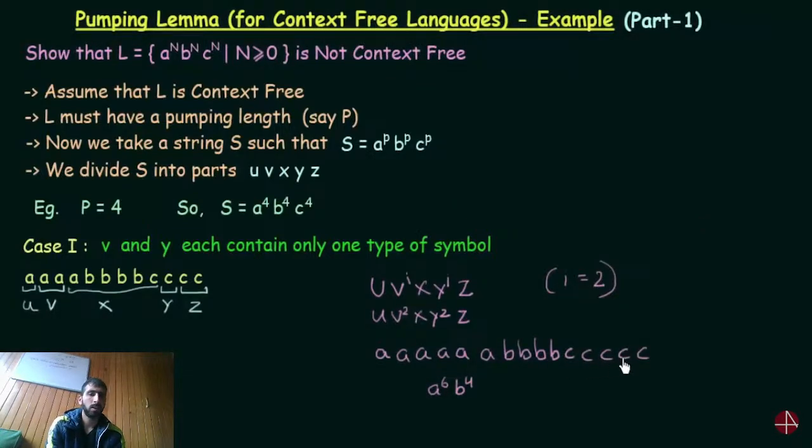And C's: 1, 2, 3, 4, 5. 5 C's. So this is the string that I am getting: A is 6, B is 4, and C is 5.